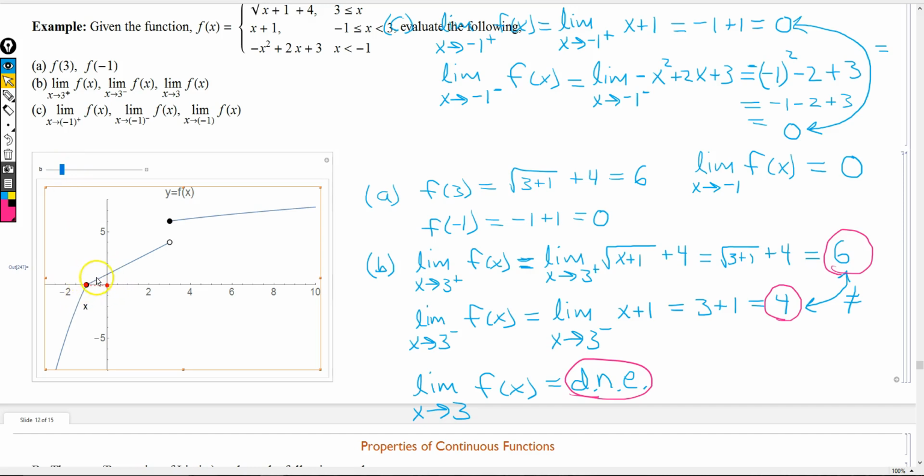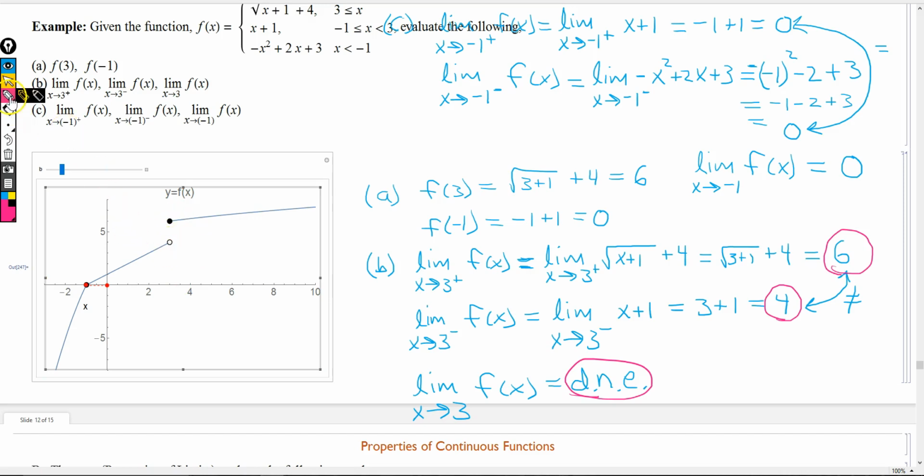Basically, even though the function is piecewise defined at -1, the graph does not have a break in it along the y-axis. So the function matches up. Our left and right hand limits exist and they're equal. Whereas over here at 3, the function has a break in it.